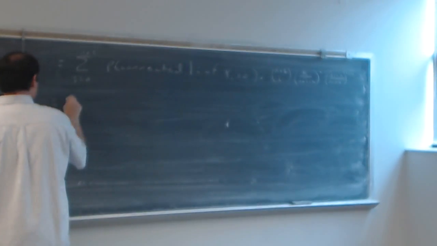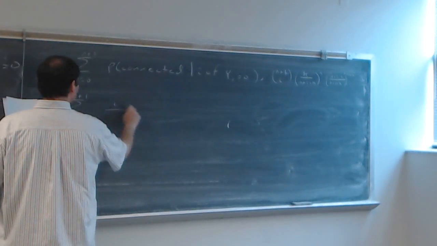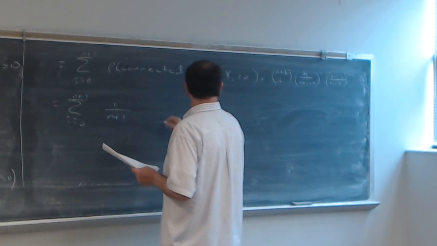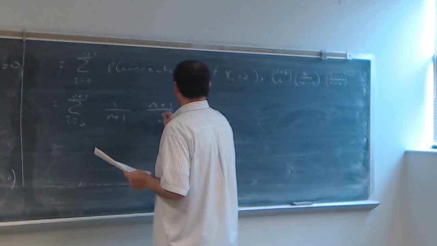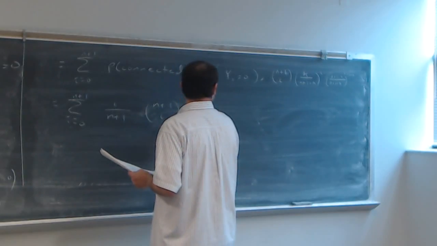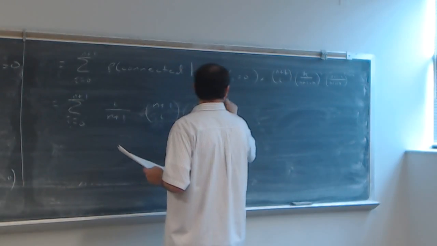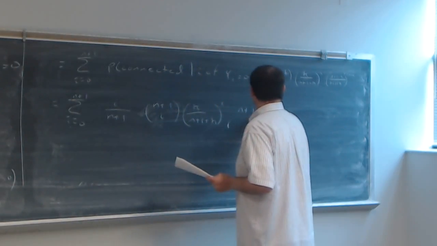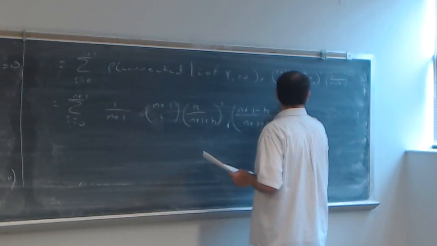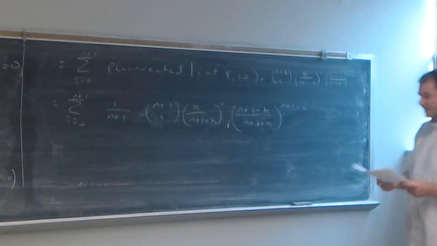Now, this is what we just computed. So this is the sum as I runs from 0 to n plus 1 of I over n plus 1 times n plus 1 choose I, k over n plus 1 plus k raised to the I, n plus 1 minus k over n plus 1 plus k to the n plus 1 minus I. Okay, there's some cancellations that can happen.